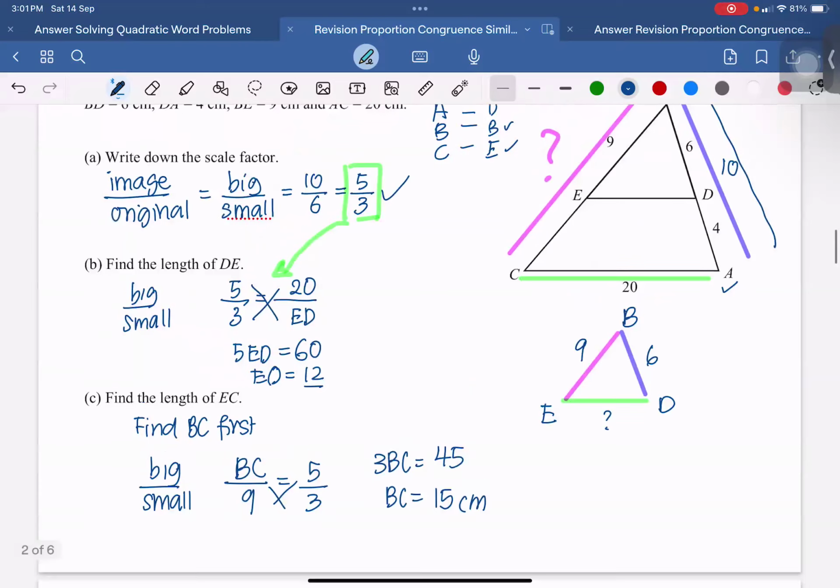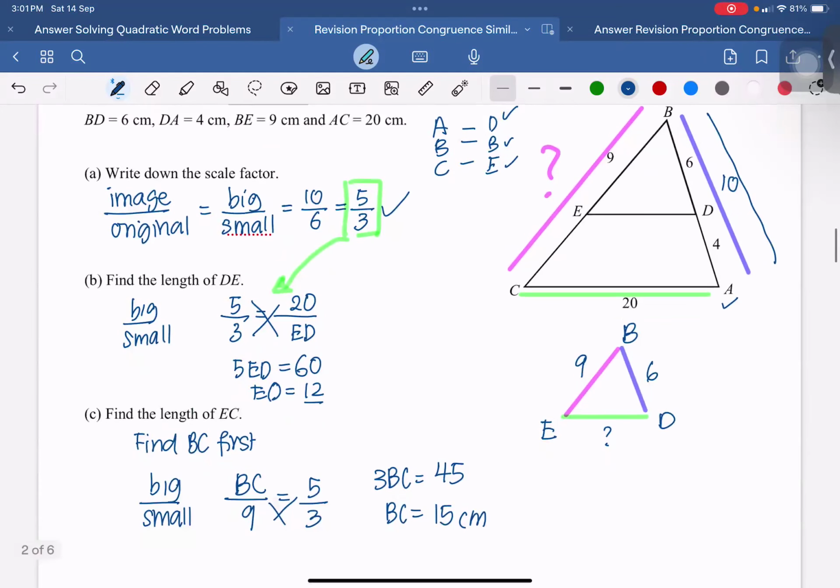But after I get 15 cm, how do I get EC? Minus 9. So now I want to get this portion EC. I take 15 cm minus 9 cm to give me 6 cm as the answer.